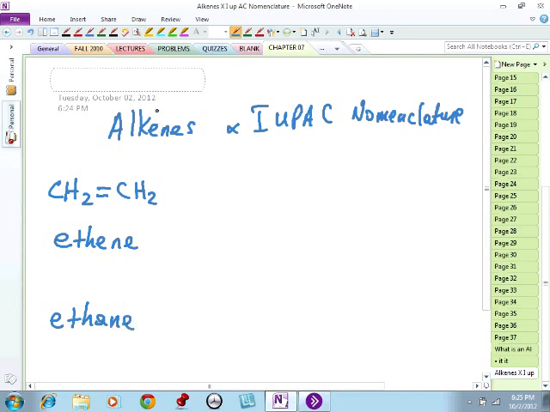To derive the alkene name, you remove the "ane" ending of the corresponding alkane, and you replace it with "ene". So if I have this, what would be the name of this alkene? Anybody? Propene. Very good. This is propene. That would be the IUPAC name.